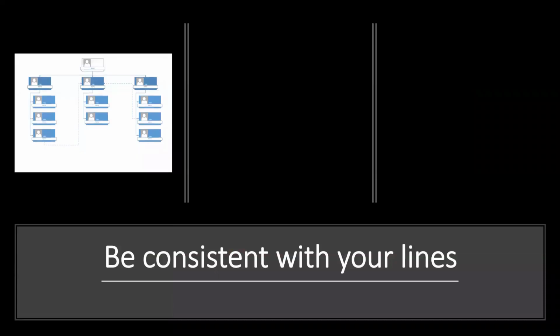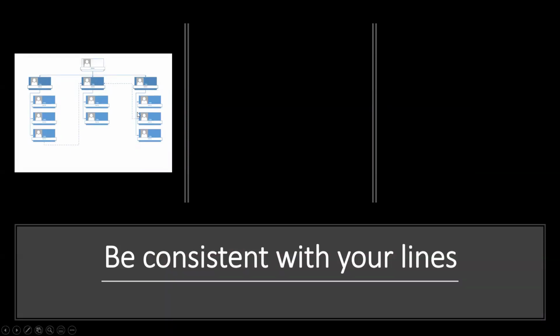Okay, so the other thing is be consistent with your lines that connect your objects. Actually, consistency is everything in shapes, lines, and text, but specifically lines. So if you use a specific type of line somewhere in your diagram to mean something, don't use that same line to mean something different somewhere else in your diagram.